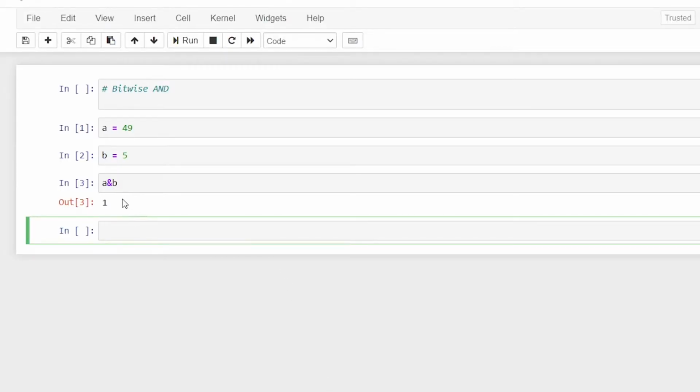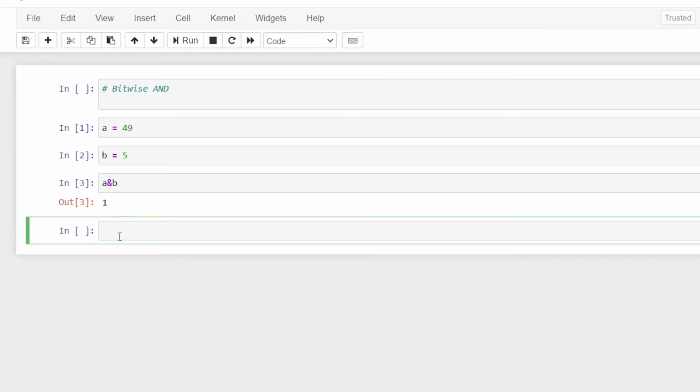Previously we saw that when we took the bitwise AND of variable a and variable b, we got the output to be 1, where a is 49 and b is 5. And we have seen in binary format how we got the bitwise AND for these two variables.